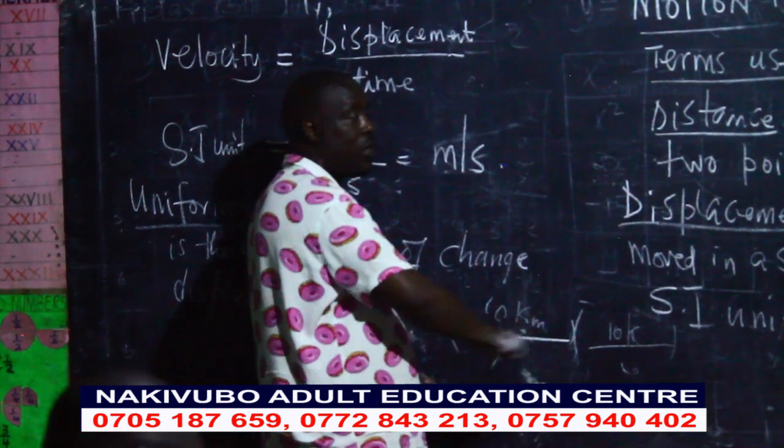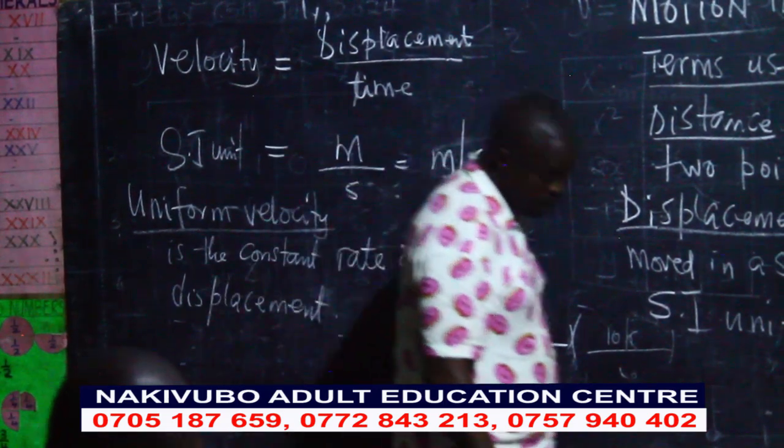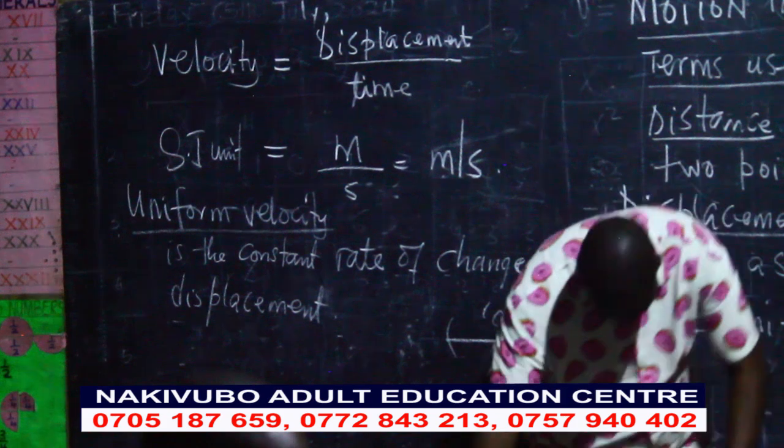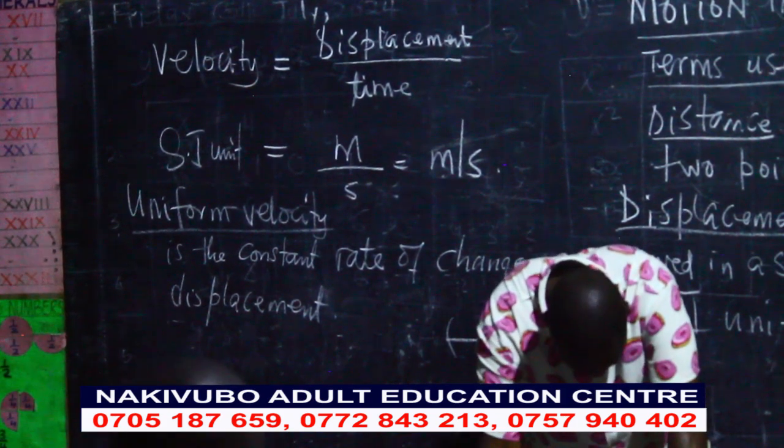That one is called constant velocity. The constant rate of change of displacement is called velocity.